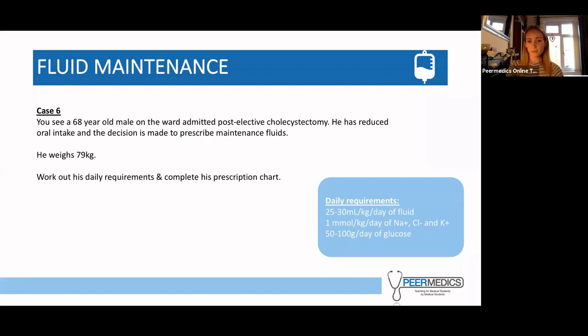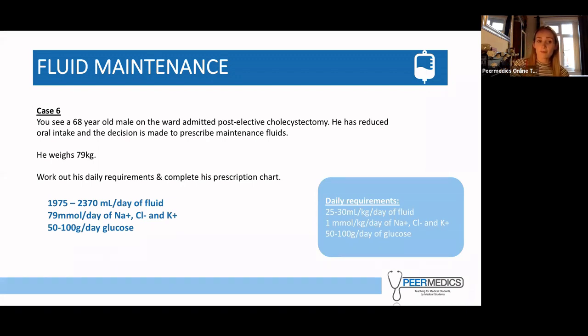Okay, has everyone worked it out? Right, so for this man, he'd be needing around 1,975 to 2,370 mils per day of fluids.